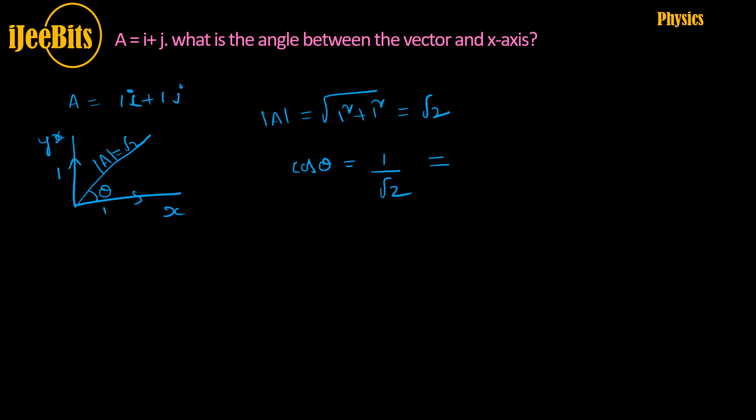So do you know where you get 1 by root 2 for cos theta? It is cos 45 degrees. I'm referring to this from trigonometric ratios. If you compare both sides, cos theta equals cos 45, which means theta is 45. So the answer would be 45.